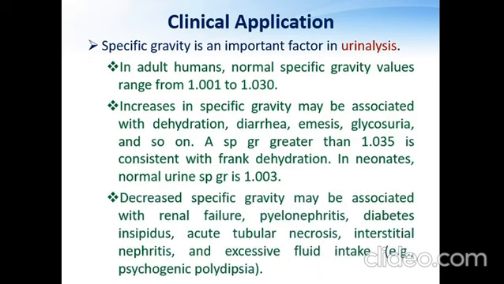If the specific gravity of urine is too low, the patient may have renal failure, diabetes insipidus, and other diseases, or excessive fluid intake. So that is a clinical application of specific gravity in urine.